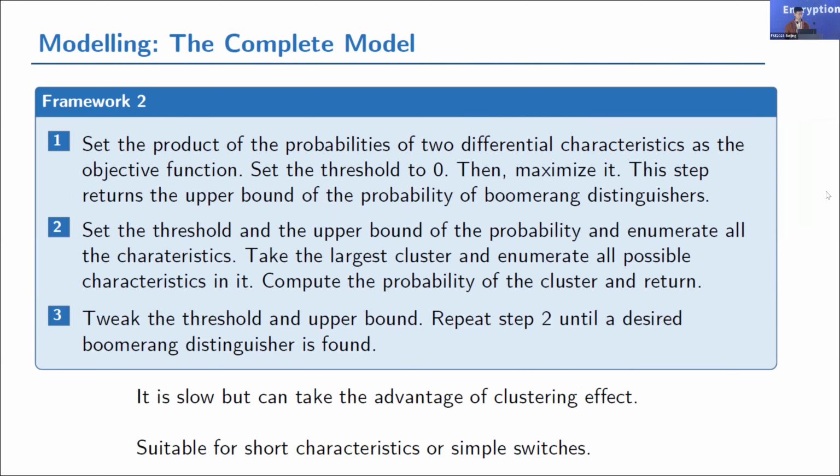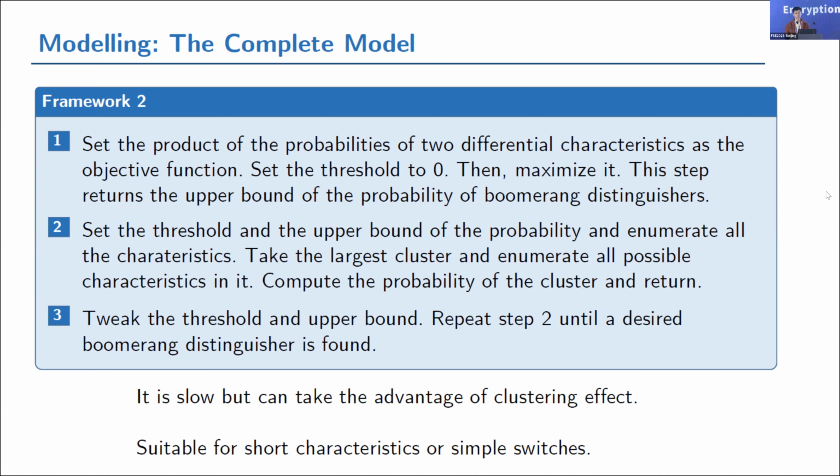Our second framework is quite complicated. We first set thresholds to 0. That is, we consider the whole BCT. And then we find the upper bound of the probability of the Boomerang characteristics. Then we tweak the threshold again, and this time we also tweak the upper bound of the probability.